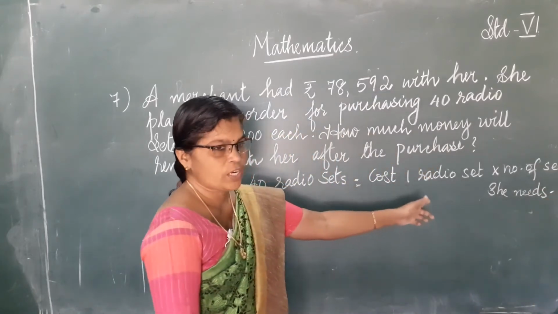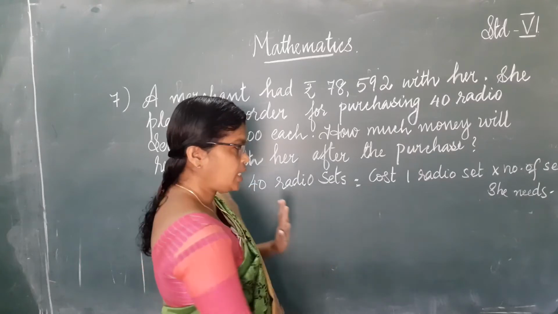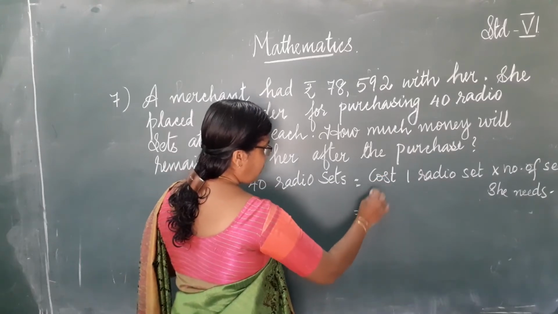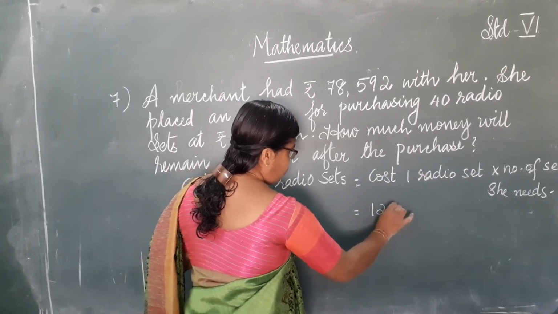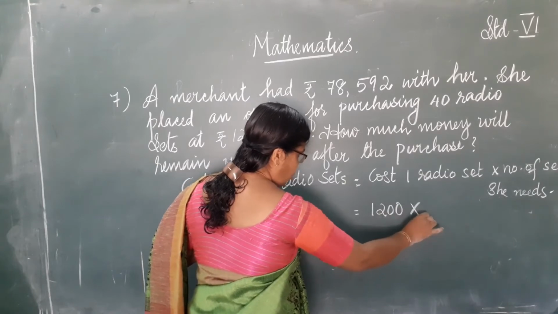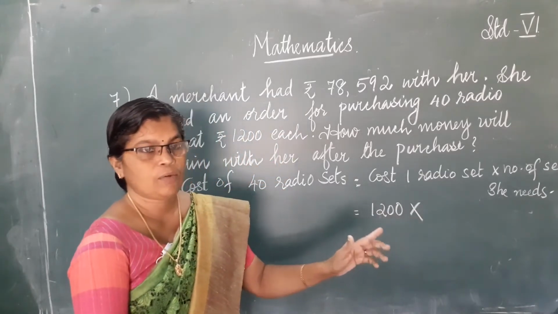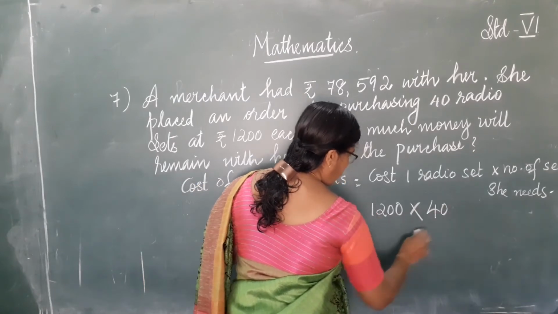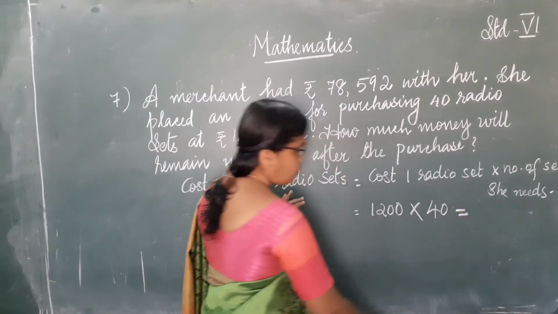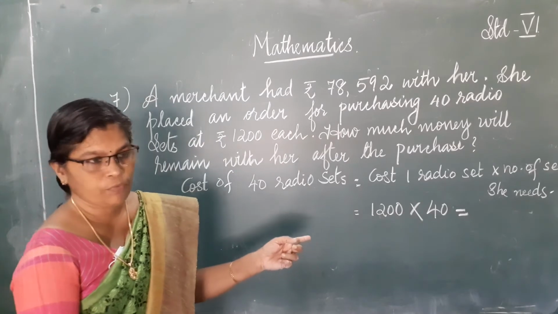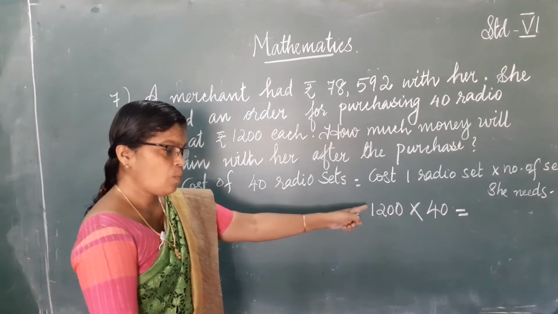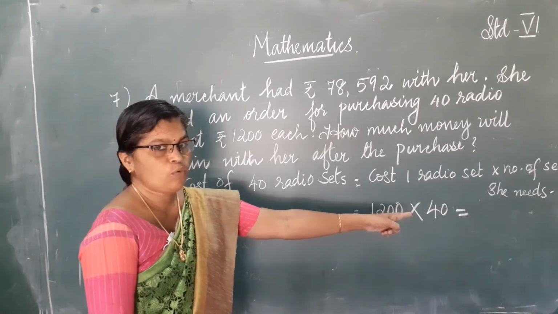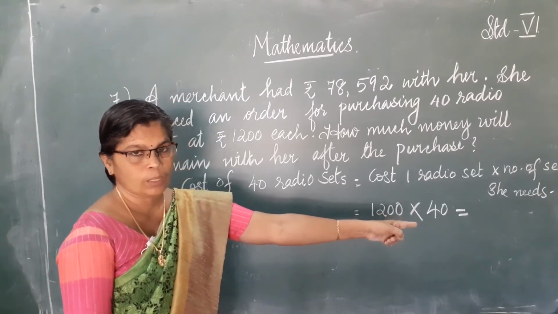The cost of one radio set is 1,200 rupees, into how many radio sets she needs? 40. So that is 1,200 into 40. We have to multiply 1,200 into 40, then we get the cost of 40 radio sets.